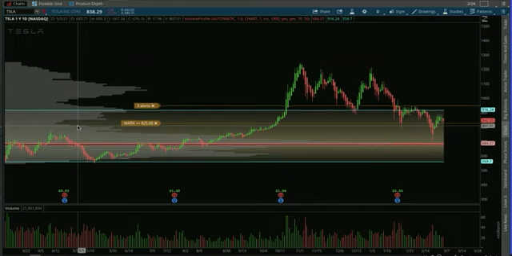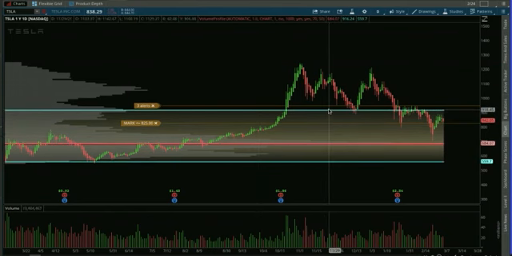That money has created a shelf. That shelf is support and resistance. When you have a visual tool in front of you, like the volume profile, it helps you as a trader because then you can identify, even on a daily chart, where the breakout is in Tesla.